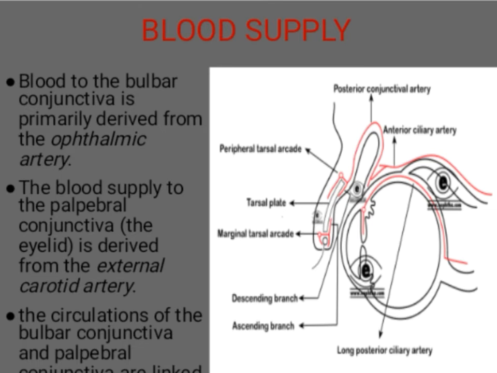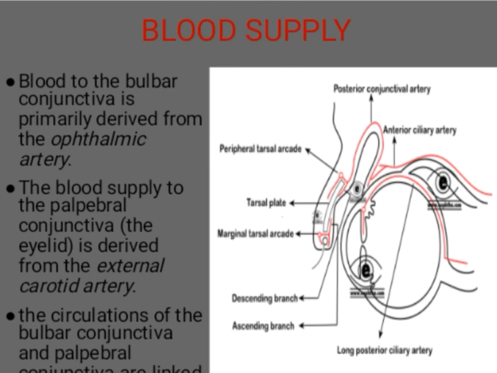Blood to the bulbar conjunctiva primarily comes from the ophthalmic artery, and to the palpebral conjunctiva it comes from the external carotid artery. The circulations of these conjunctivae are linked.